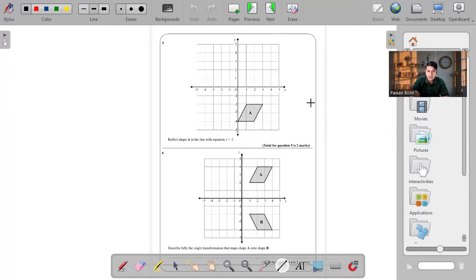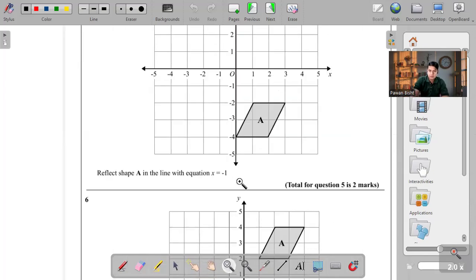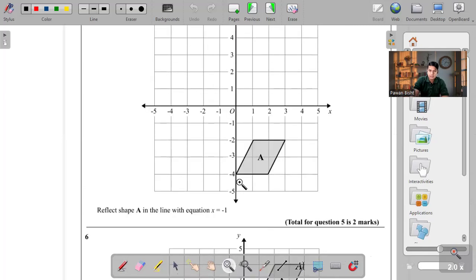Next, reflection along the line. Reflect shape A in the line with equation x equals -1. Okay, right. I'll zoom it for you. This is my question. They say reflect the shape A in the line with equation x equals -1.